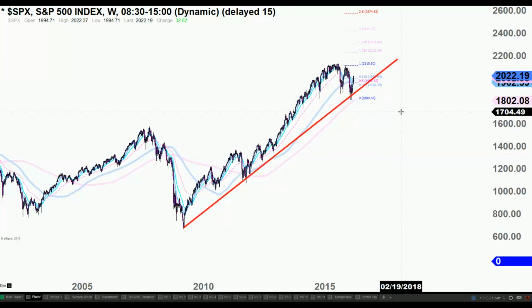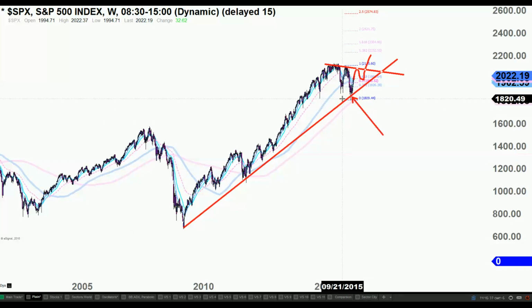What that means is, if this thing continues higher, it means this level can be categorized as a major primary term higher low, which means we're not in a bear market.